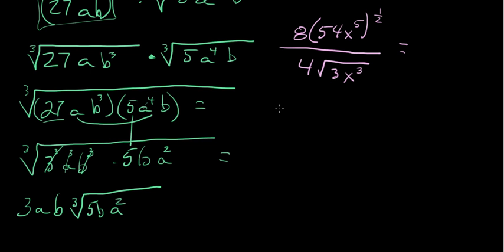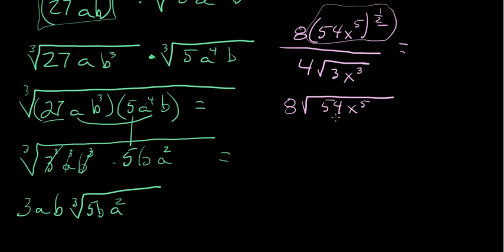First of all, let's take this whole thing and put it under a radical sign, because I've got 1/2 power. So I can just say 8 times the square root of 54x to the 5th over 4 times the square root of 3x to the 3rd. And what does that equal?